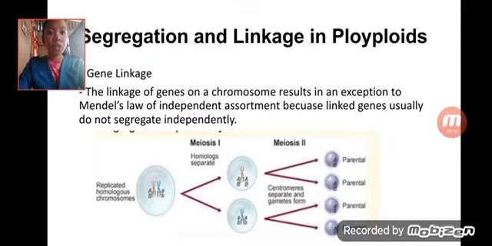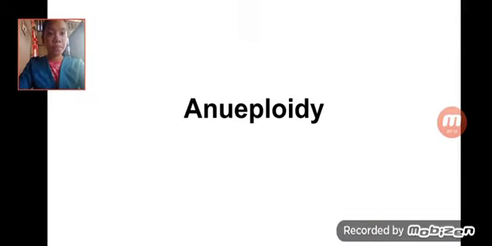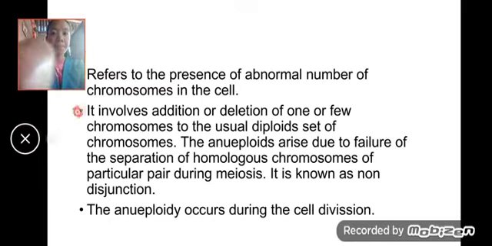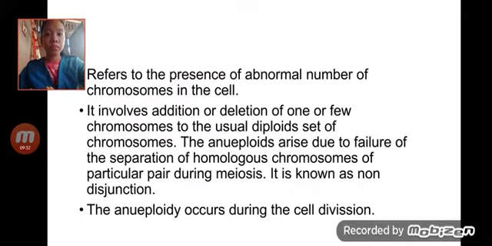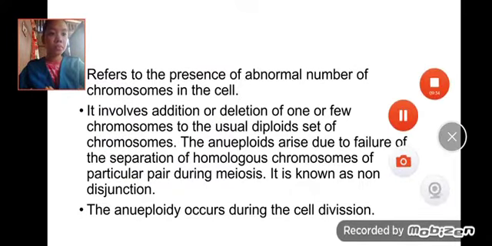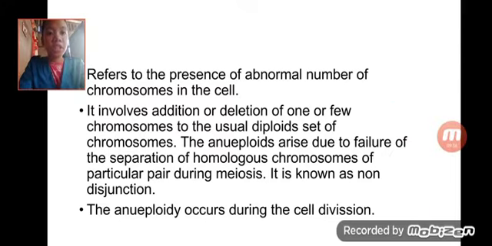Now let's proceed to aneuploidy. Aneuploidy refers to the presence of an abnormal number of chromosomes in the cells.